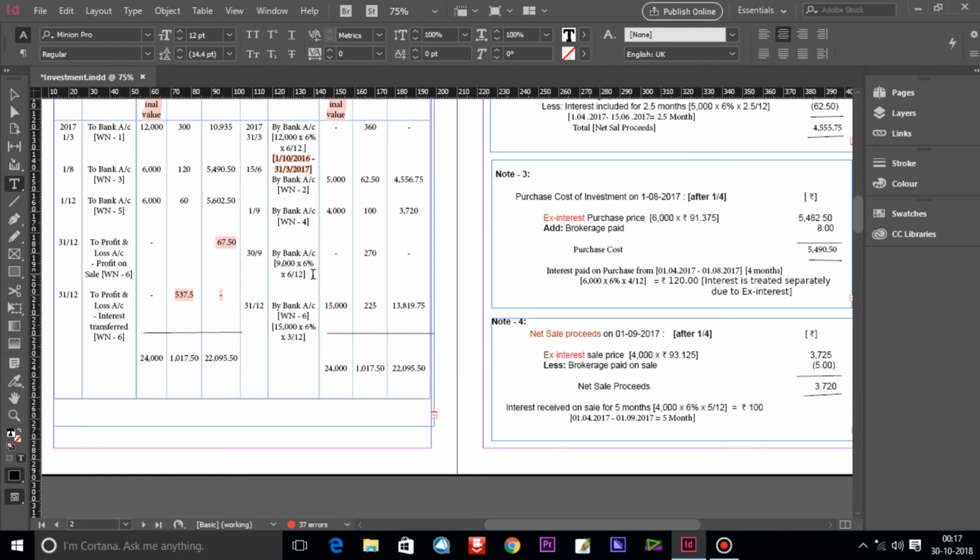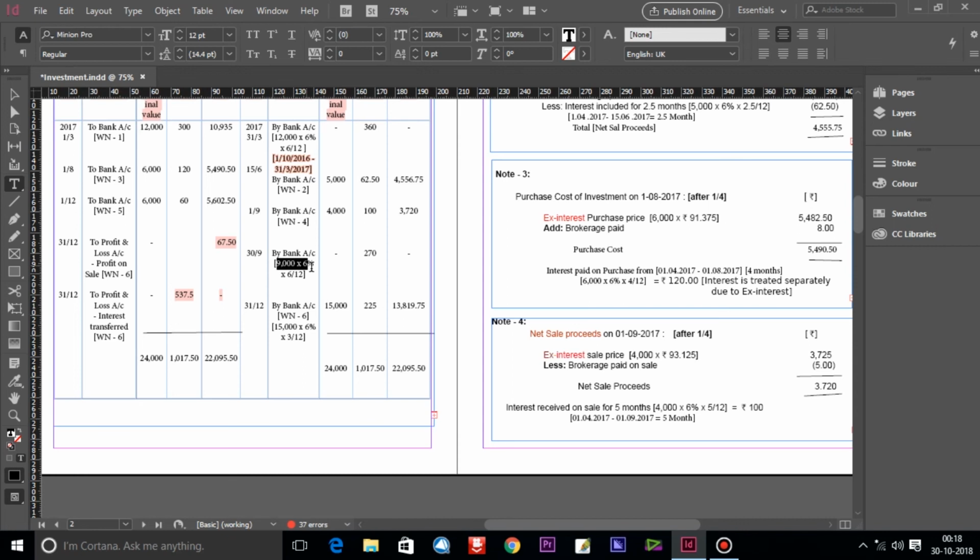At the same time, we sold out bonds of rupees 5,000 on 31st March, and we also sold out bonds of rupees 5,000 on 15/6/2017 and bonds of rupees 4,000 on 1/9/2017. That is 9,000 rupees bond have been sold out. Therefore, we have to deduct 9,000 rupees from 18,000, that is 12,000 plus 6,000 is equal to 18,000.